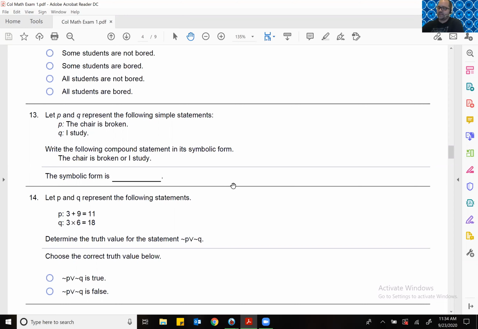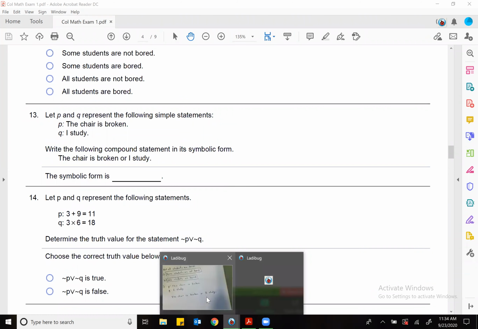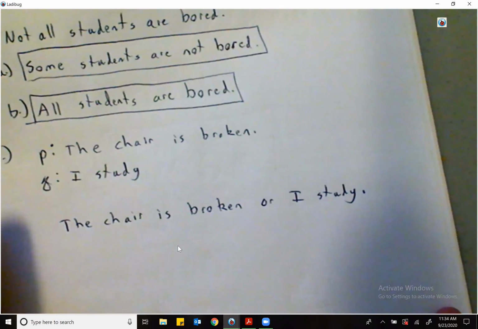They want us to take the following sentence: the chair is broken, or I study. I think I know the answer. You think you know the answer? All right, well, let's talk about it. I think it's the P V Q. Well, it's not actually a V, but it's like a V-looking thing.